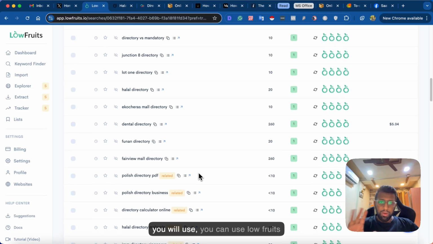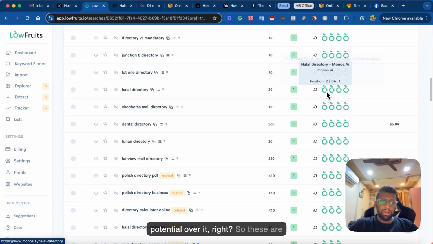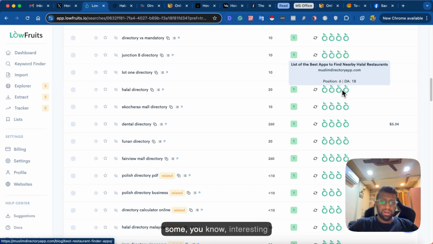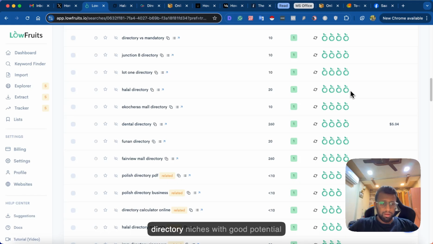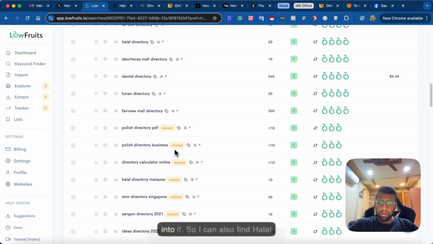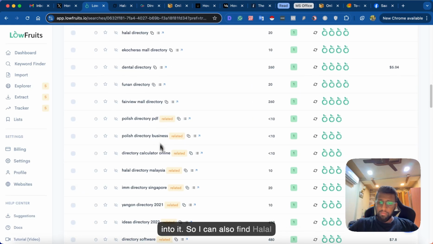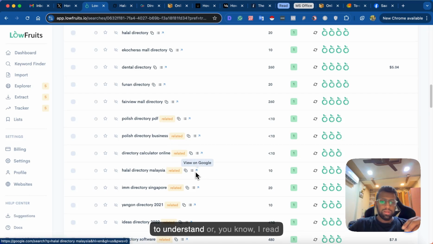So you can use LowFruits to find interesting directory niches, not particularly for SEO purposes, just to find niches which have some potential, right? These are some interesting directory niches with good potential. I can also find halal directory Malaysia over here, so there is some chance for me to ideate even more.